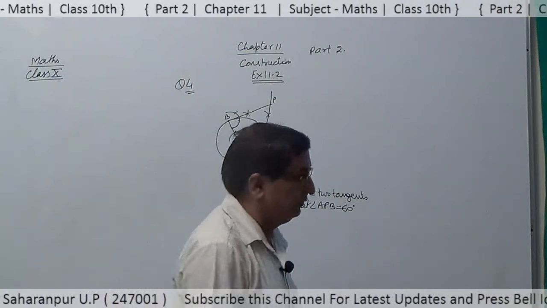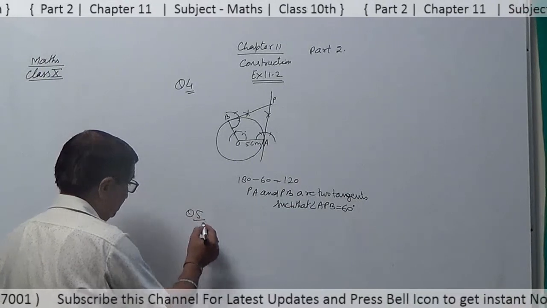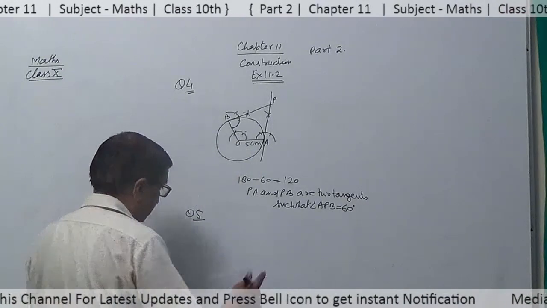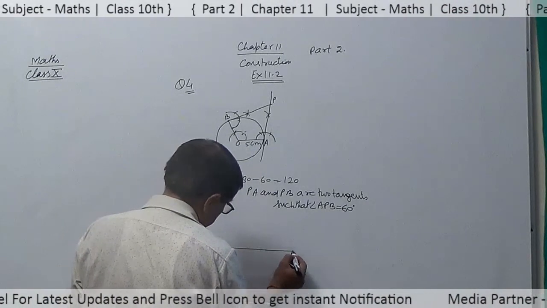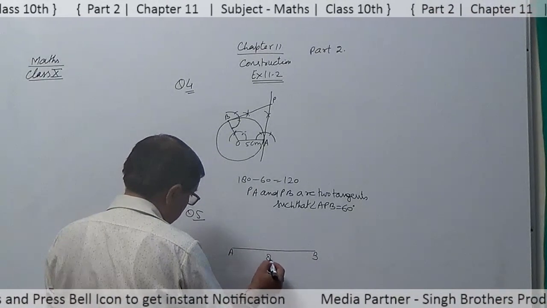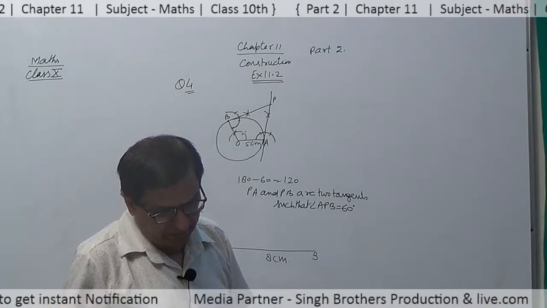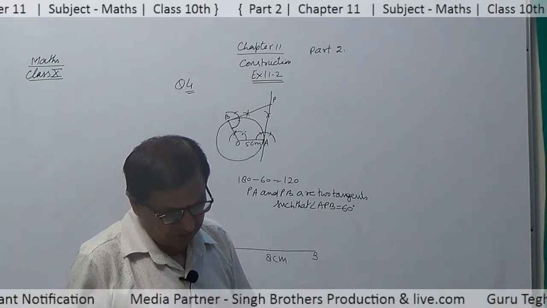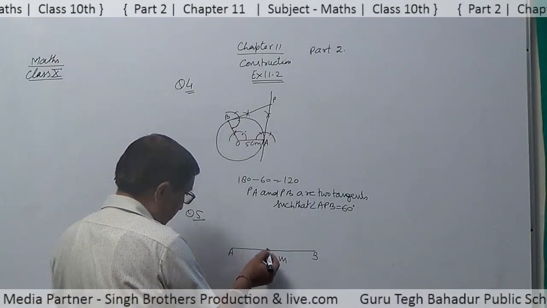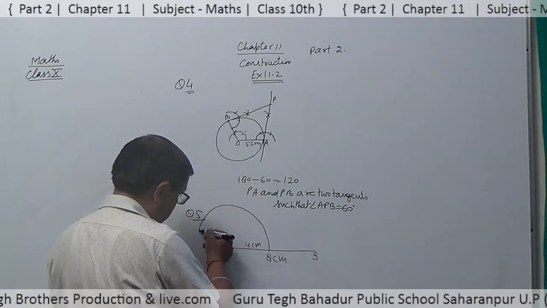Now, see question number 5. Draw a line AB of 8 centimeter. Take A as center. Draw a circle of radius 4 centimeter. From A, at distance 4 centimeter, we will draw the circle.